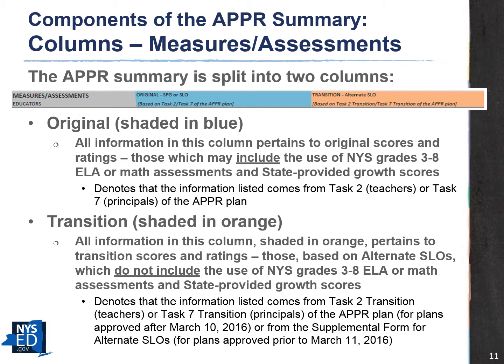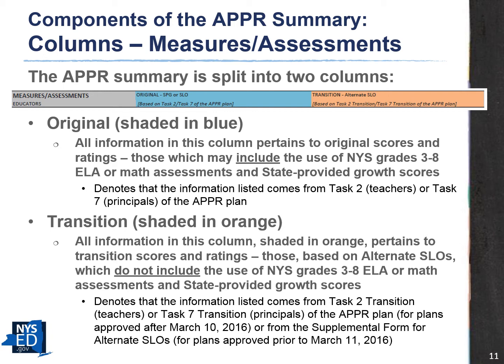Transition, shaded in orange. All information in this column, shaded in orange, pertains to transition scores and ratings, those based on alternate SLOs, which do not include the use of New York State grades 3 through 8 ELA or math assessments and state-provided growth scores.